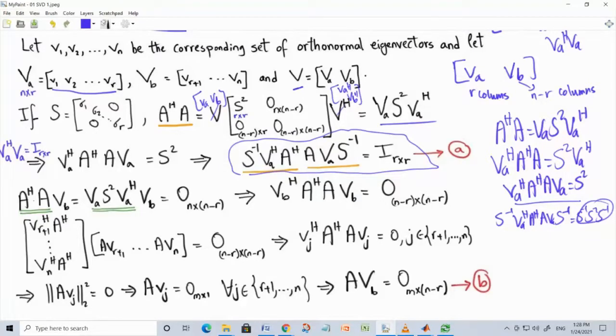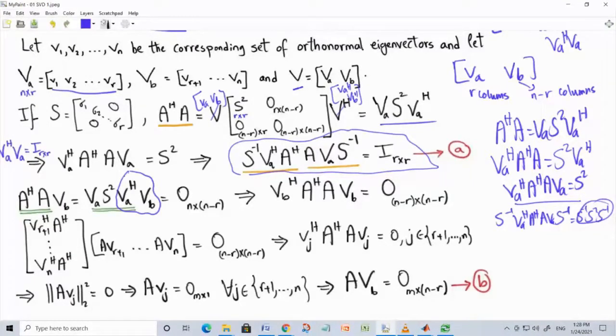So it's not surprising that if you have A Hermitian A V_B, you will get an all zero matrix. And you can see it another way: if you take A Hermitian A and express it as V_A S squared V_A Hermitian, you will have here the matrix V_A Hermitian V_B.